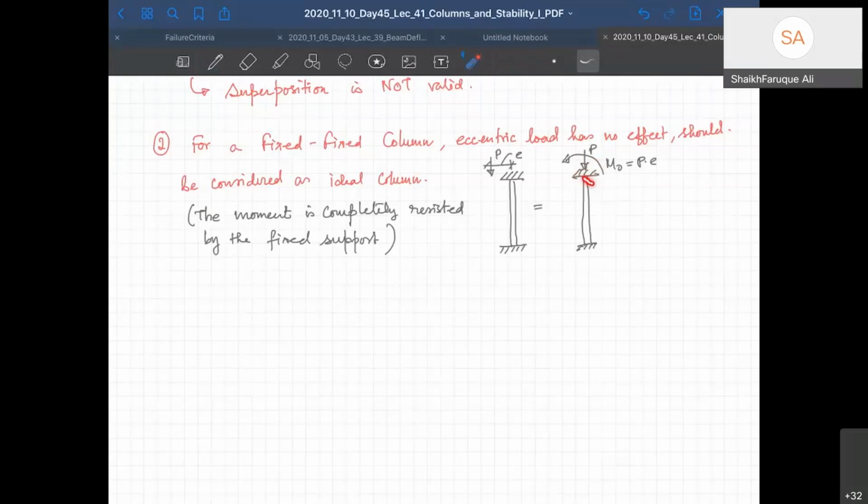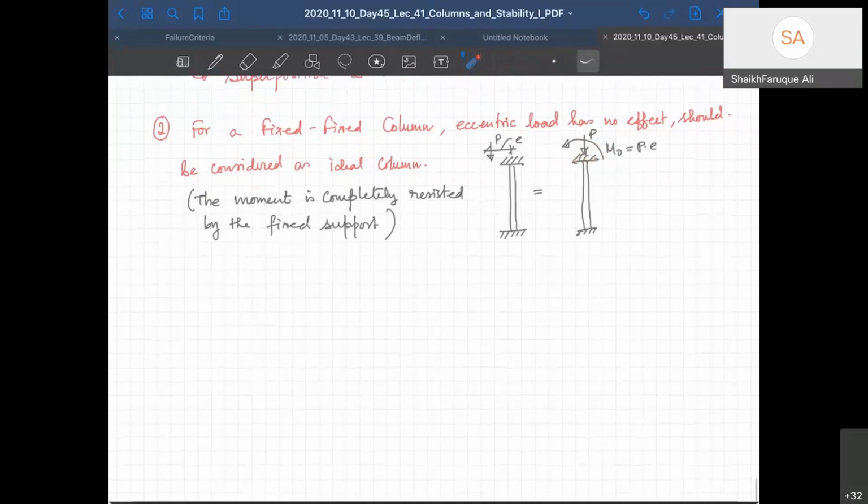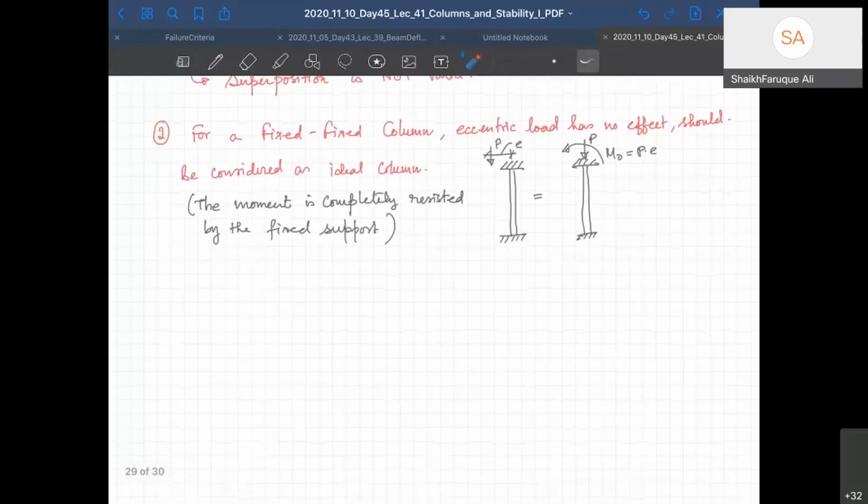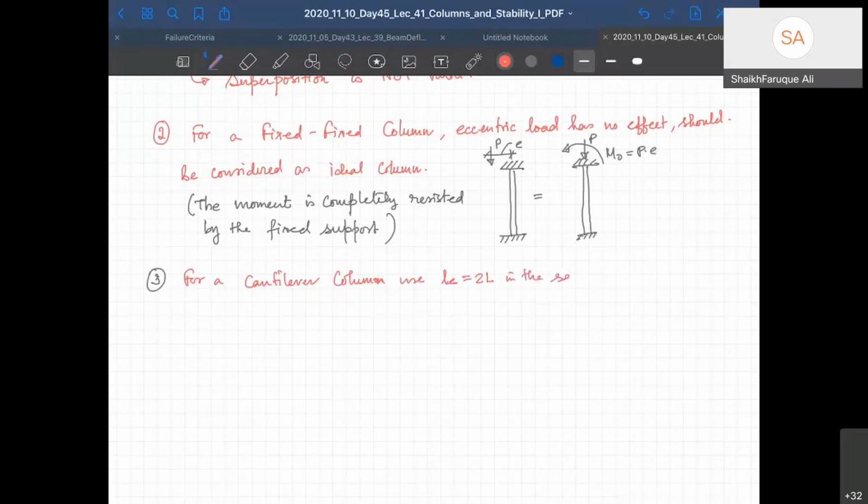It will not even bend a little bit more, or produce any slope there, so it doesn't have any effect. So for a fixed column, you will consider that as an ideal column. Third is, for a cantilever column, use Le equal to 2L in the, we call it second formula, okay?